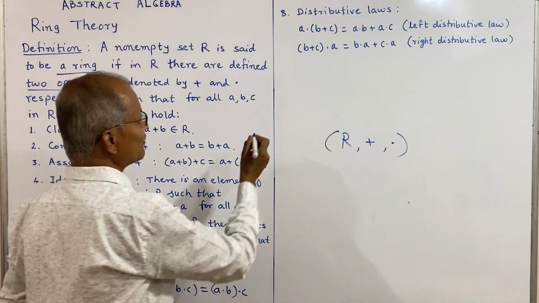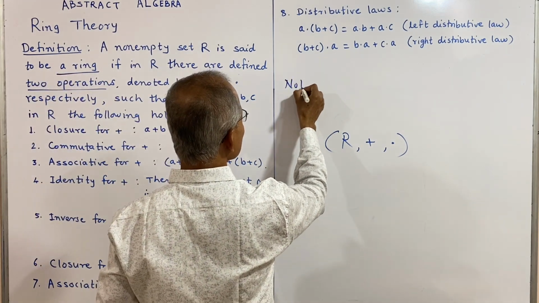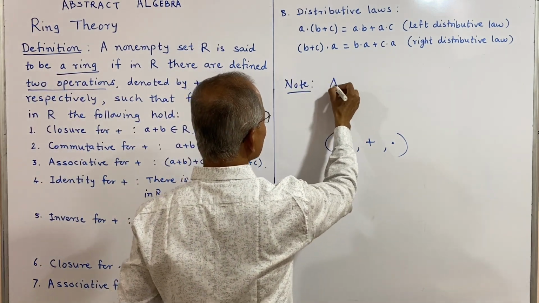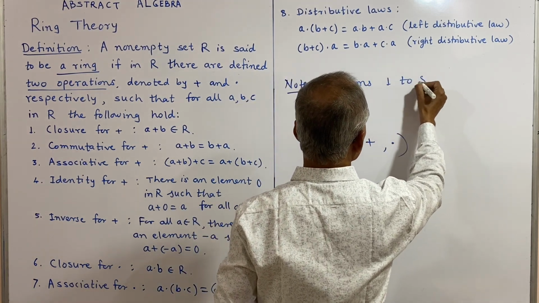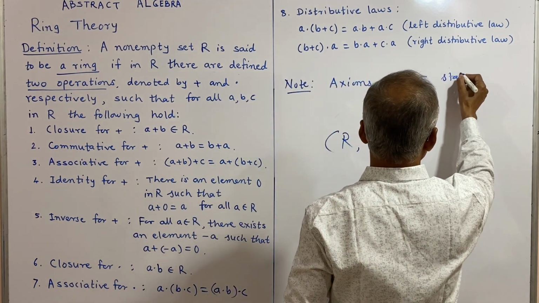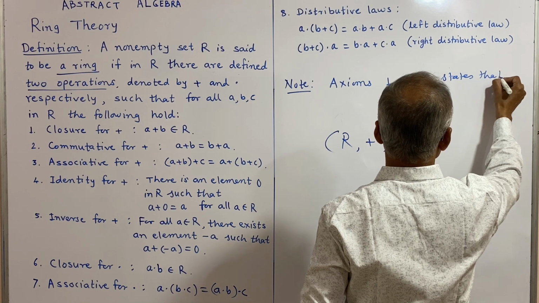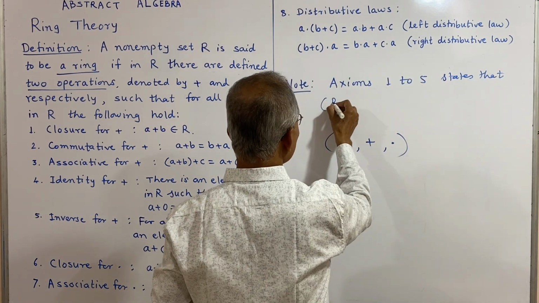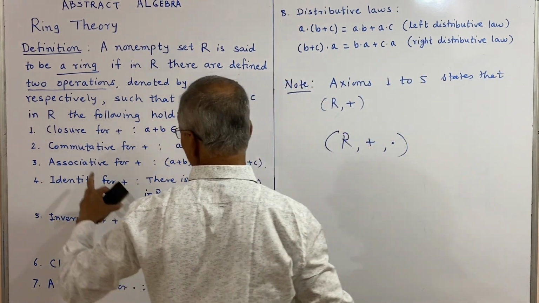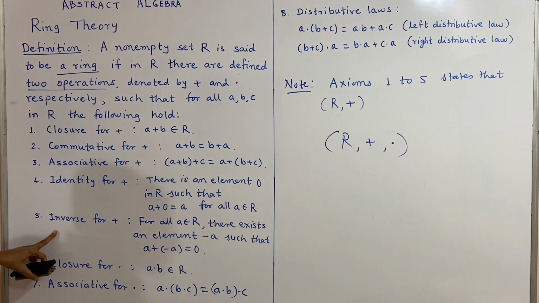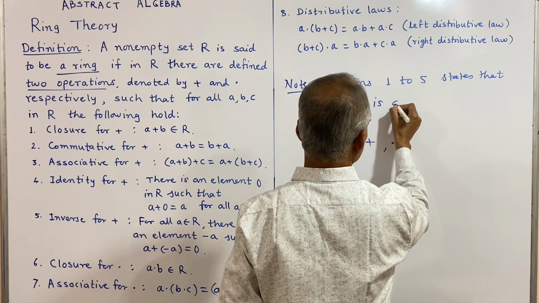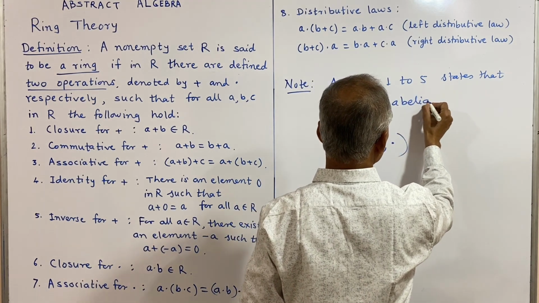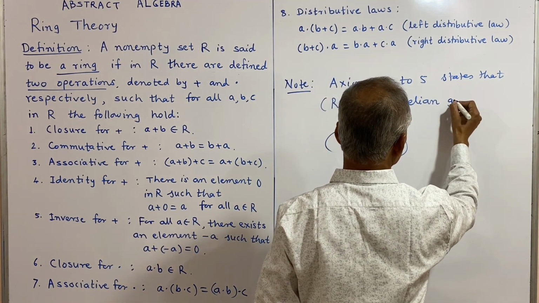Now here we should note that axioms or laws 1 to 5 state that R with respect to the plus operation, or composition, is an abelian group. This is an abelian group with respect to addition.